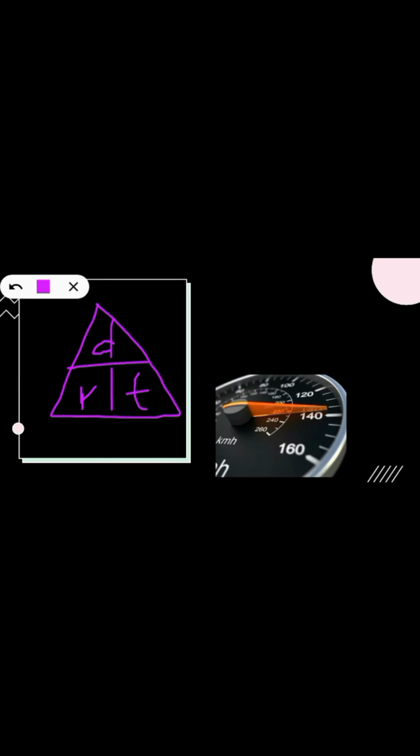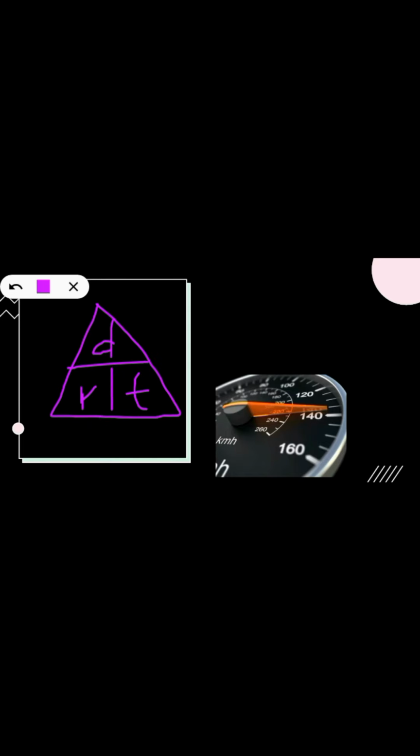If we are looking for the rate, given the distance and the time, we can cover the R, and what remains is D over the time. So the formula is R is D over the time. That is for the rate.